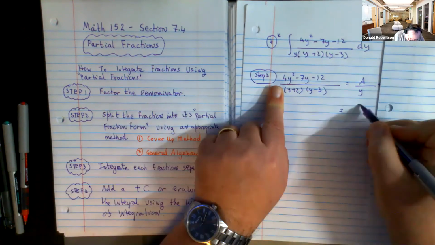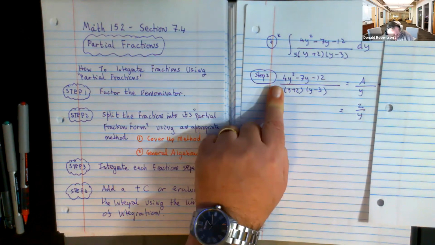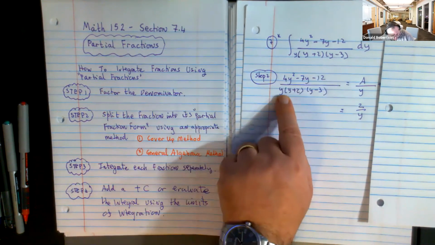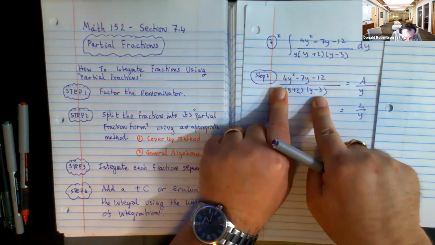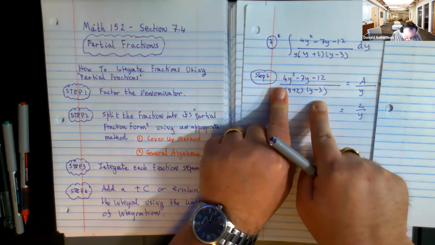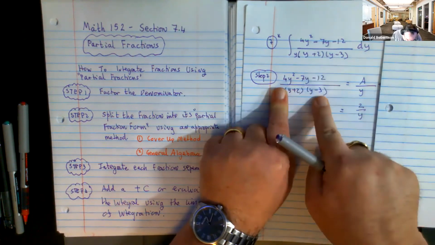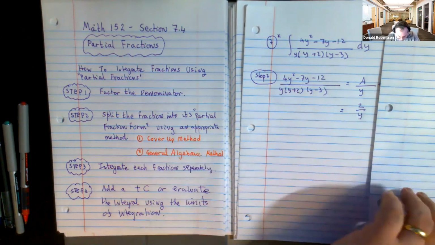Final answer, +2. You check it: 0, 0, -12. 0 add 2 is 2, 0 take away 3 is -3. 2 lots of -3 are -6, -12 on top, -6 on the bottom, +2 is the answer. Okay, let's look at the next one.